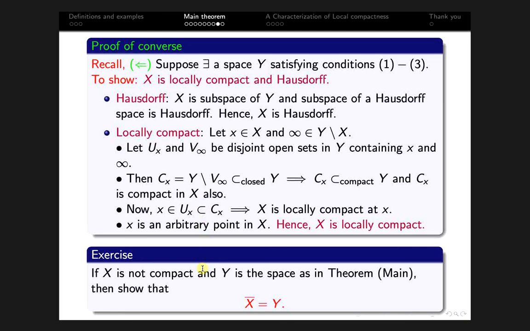Then show that the closure of X equals Y. This is a very easy exercise.